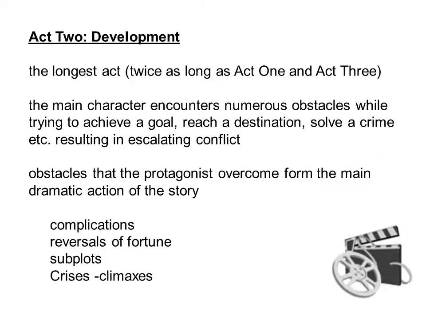He might be solving a crime, or he will go in a very complicated way. Here, the protagonist has obstacles to overcome from the main dramatic action of the story. He might have crisis, climax, subplots. He has reveals of a fortune, or he or she can face difficulties, and complications will happen here.